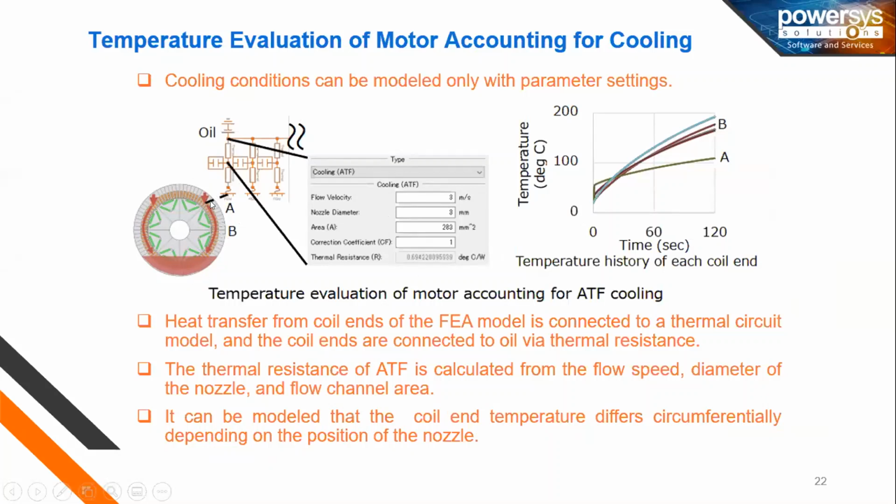The heat transfer from the coil ends is connected to the thermal circuit via the oil thermal resistance. So if we directly give values like flow velocity, nozzle diameter, and area, the model will calculate the thermal resistance straight away, and the thermal resistance will come into the circuit, and the overall analysis can be done for efficient thermal modeling.